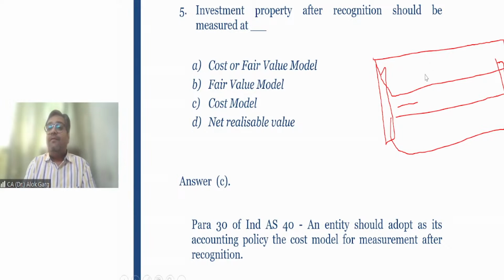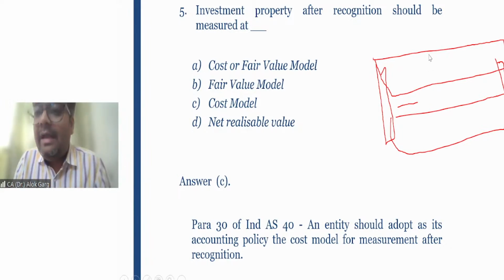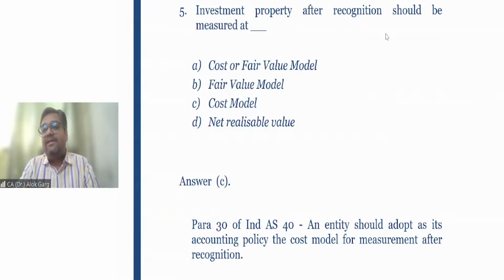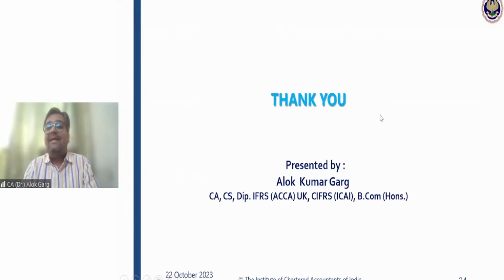But if I am letting out this floor and giving the tenant a gymnasium, club, pool, security, multiple significant services, then my rental is not seen as a rental. I am charging for the rental as well as the services, selling an entire package. Probably in that case, if I am in the business of this, it will be classified as property, plant, and equipment. The right example is hotel properties.